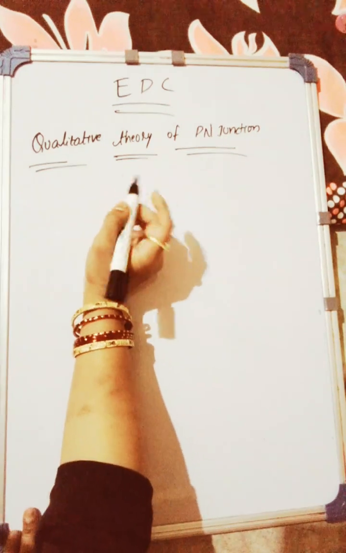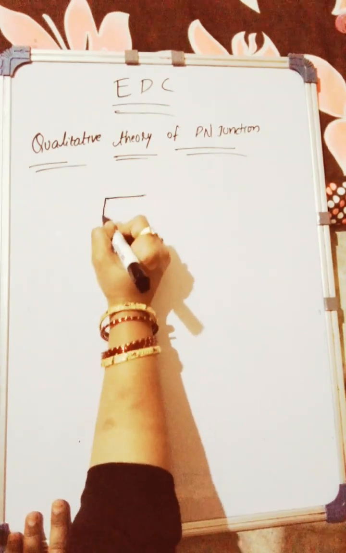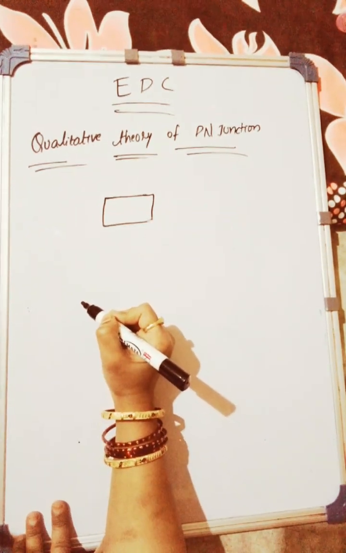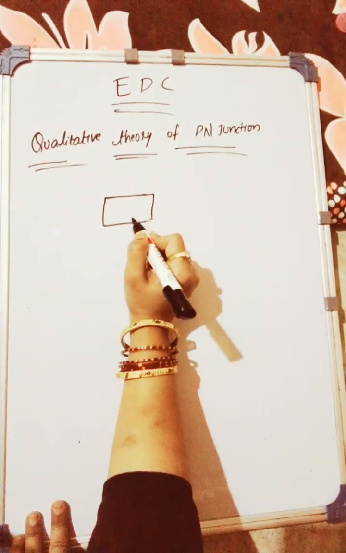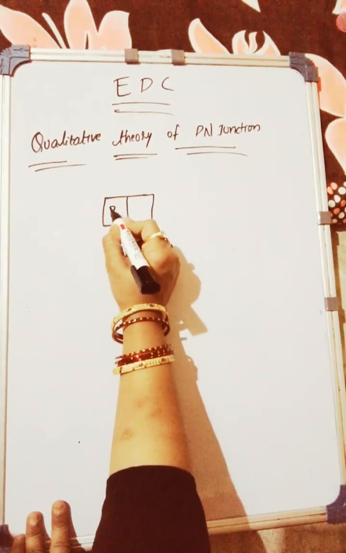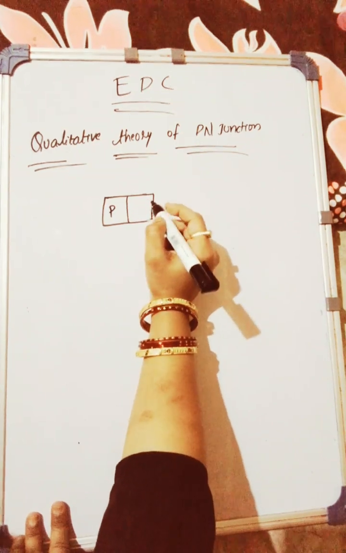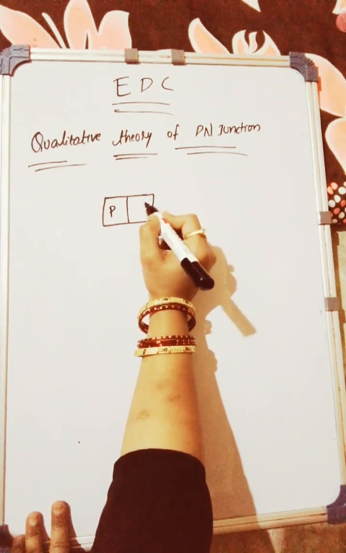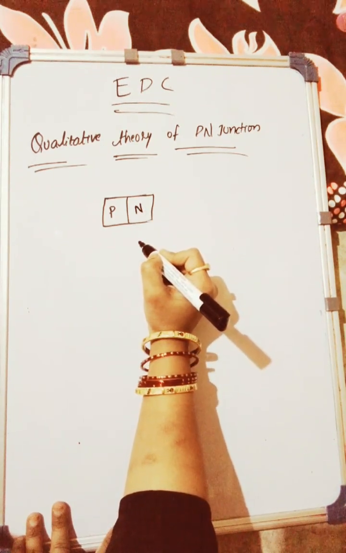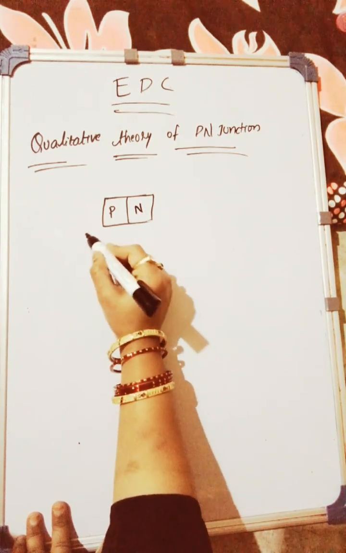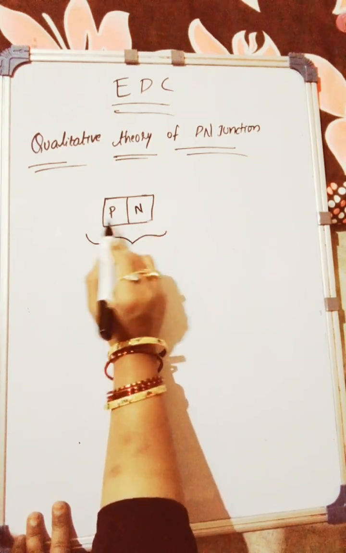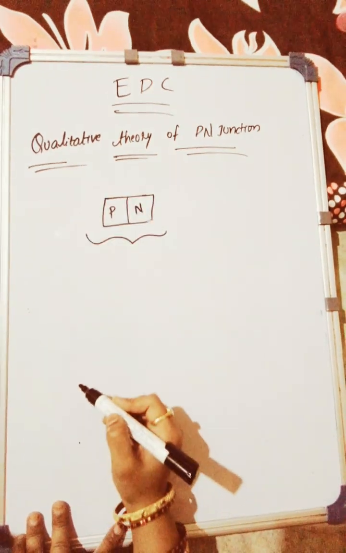In a piece of semiconductor material, if one half is doped with p-type impurities and the other half is doped with n-type impurities, then this forms a PN junction diode.